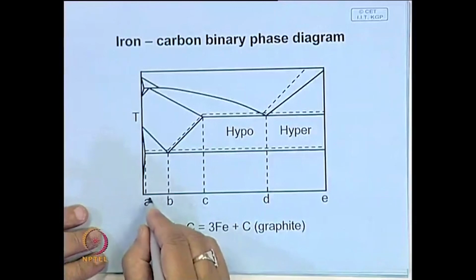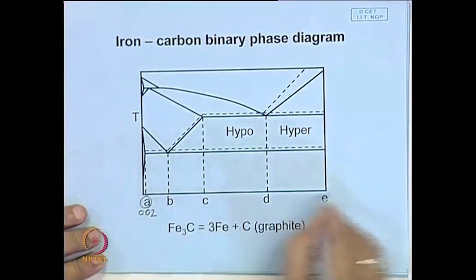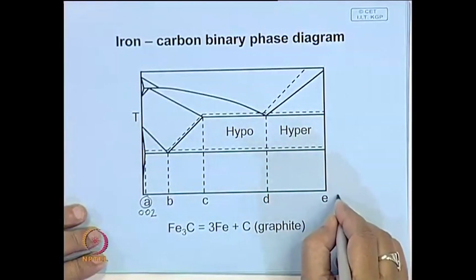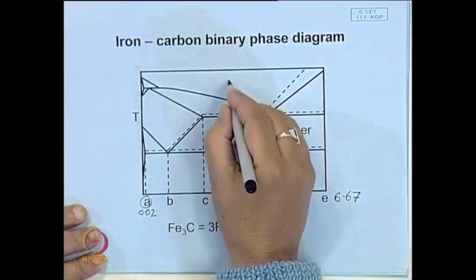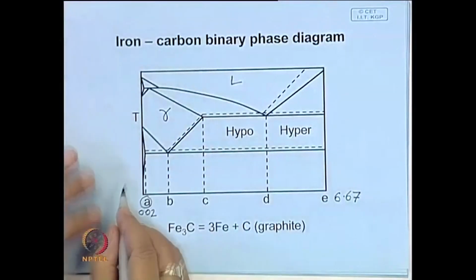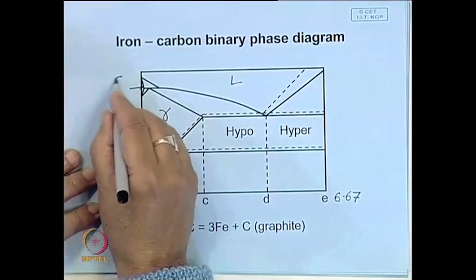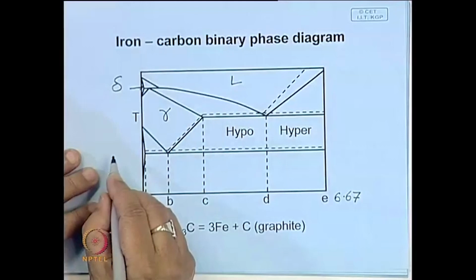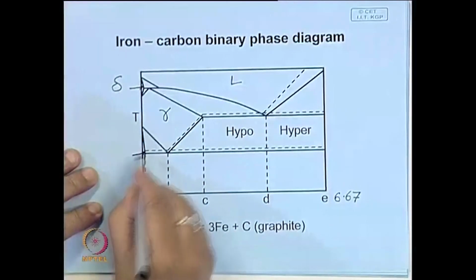Here this is point 0.2, this part is cementite where carbon is 6.67, this portion is liquid, this is where you have austenite, and this is delta ferrite, and this is the terminal solid solution region.